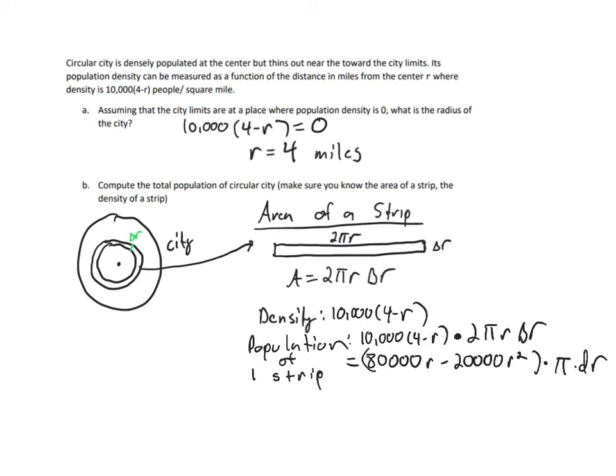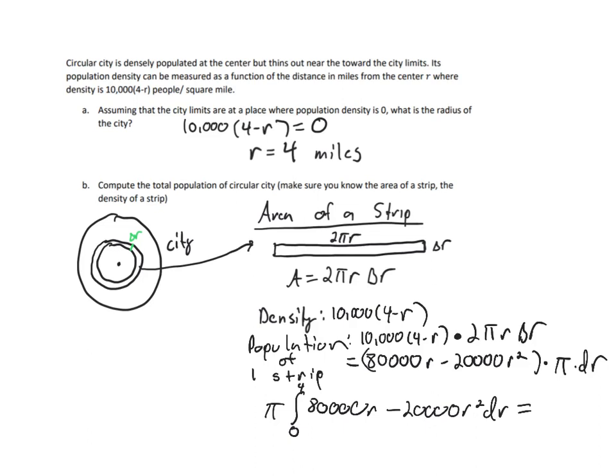But we want to find the population of the whole city, so we need to add all of these strips up. So we're going to take this formula, pi times the integral as the radius goes from 0 to 4 of 80,000 r minus 20,000 r squared dr. And again, don't forget to multiply by pi at the end.